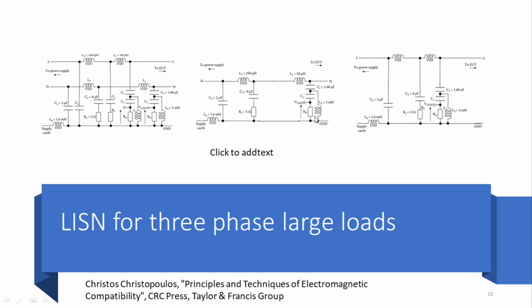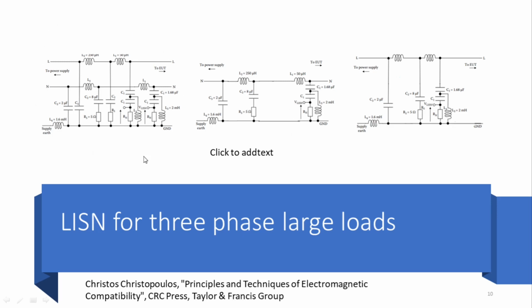The spectrum analyzer impedance is represented by this Rn here. So this is the looking in impedance of the port of the spectrum analyzer. Both of these networks are typically the same. So you have the line, neutral and ground. You notice here I've just separated these networks to show that I mean the same thing.